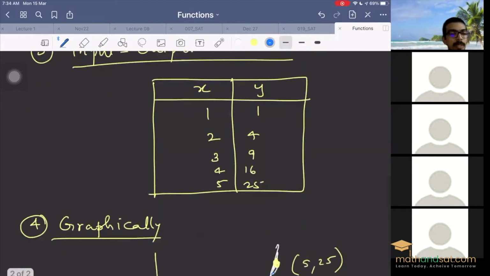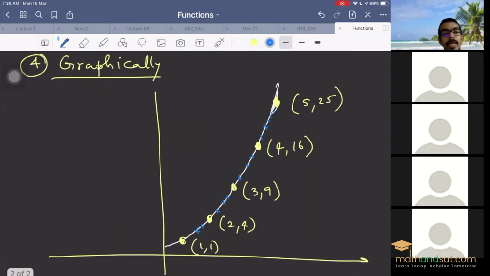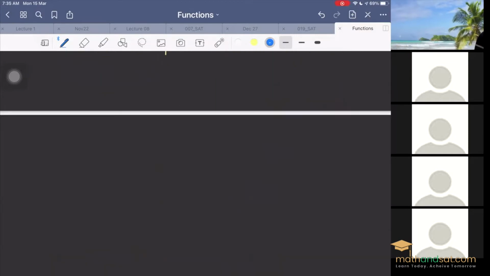The fourth method is to represent them graphically. And the next method, the most important one, is using the function rule.